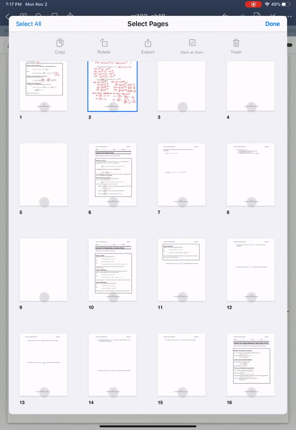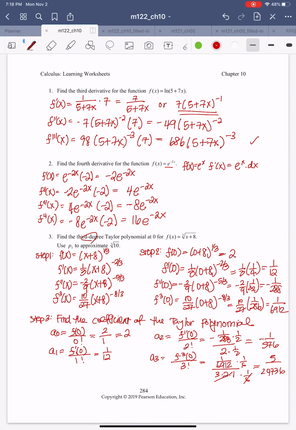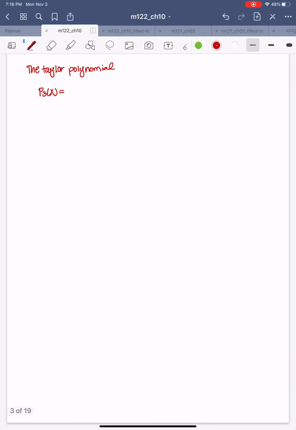So finally the Taylor polynomial p sub 3 of x is going to be, here's my coefficient, 2, 1 over 12, negative 1 over 576, and then 5 over 20,736. So my P3 will be 2 plus 1 over 12 x.